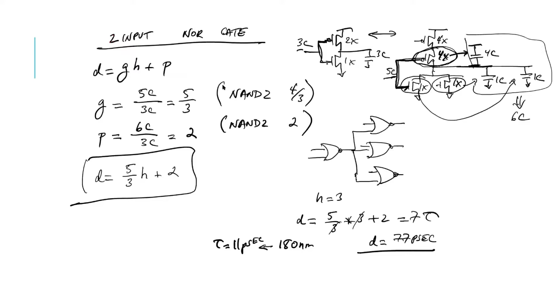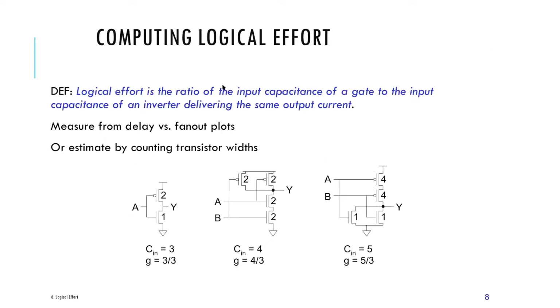Okay, so thankfully, like I said, these equations end up being the same, it just depends on the gate type. So here, this talks about the stuff we did. This is for the NAND, this is for the inverter, this is for the NOR. So this G ends up being this ratio.